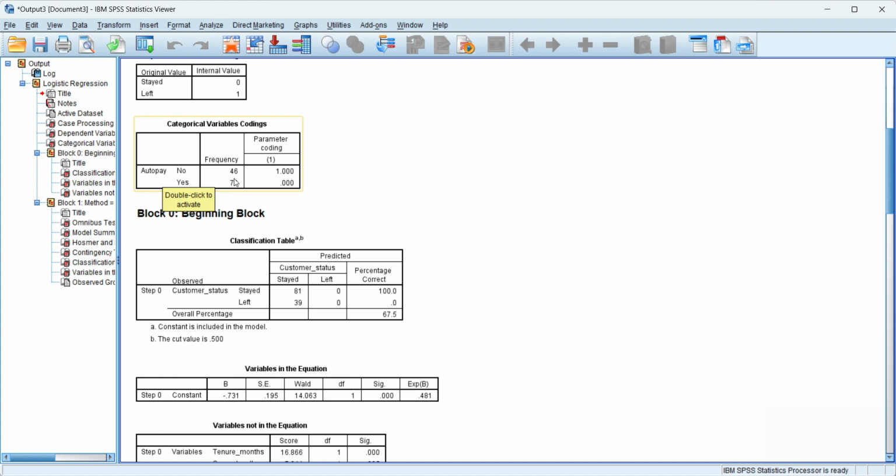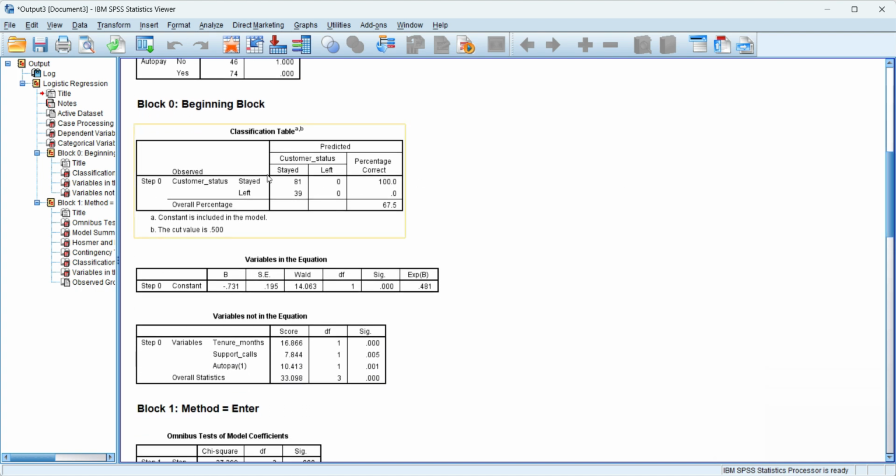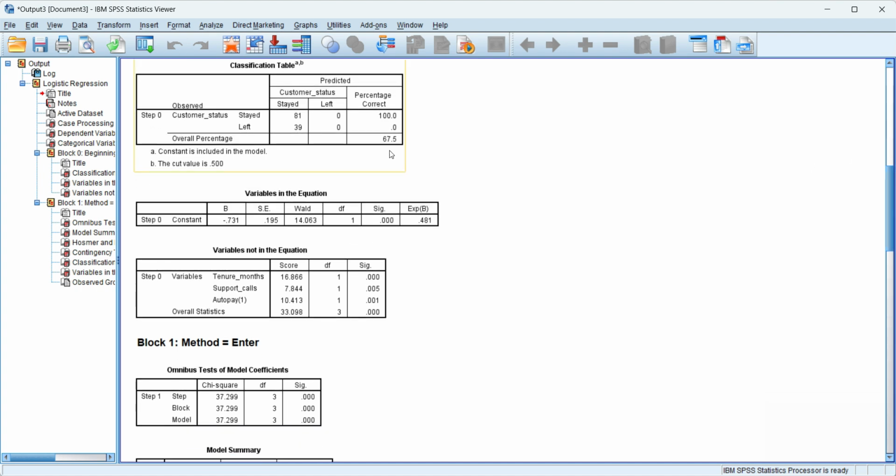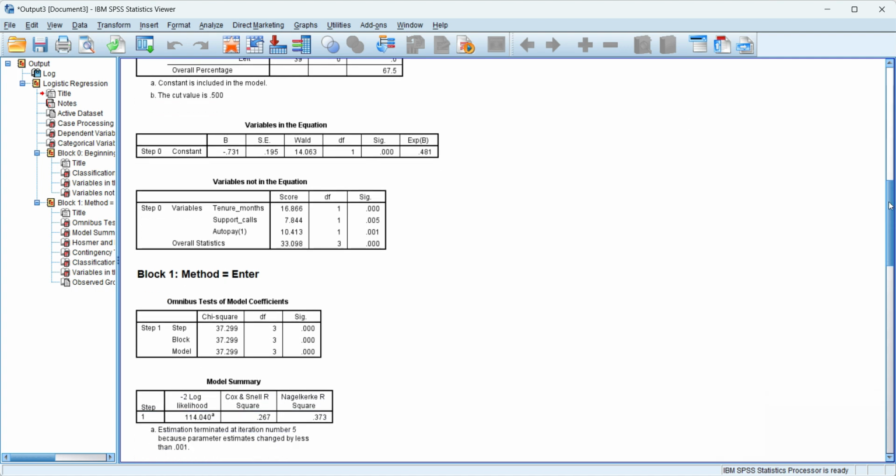It means 46 customers don't use autopay and 74 do. Customer status shows that 81 customers stayed and 39 customers left. There is 100% for both data sets, so 67.5% of customers stayed with the service.